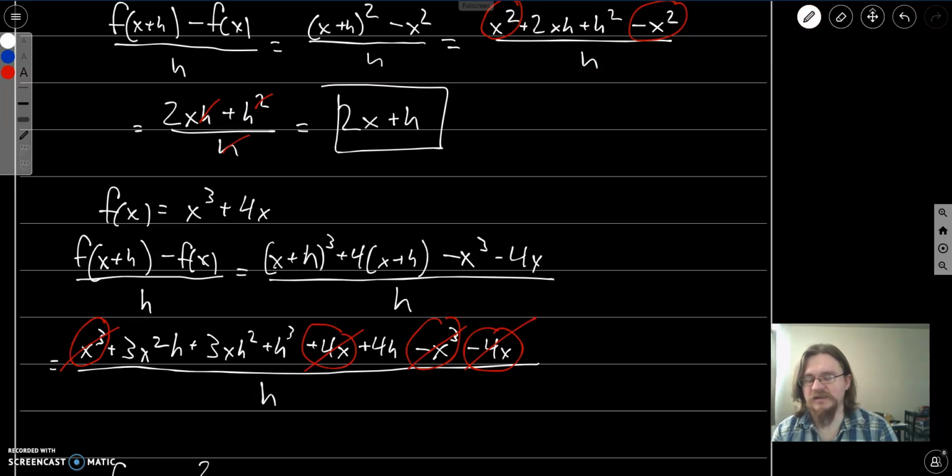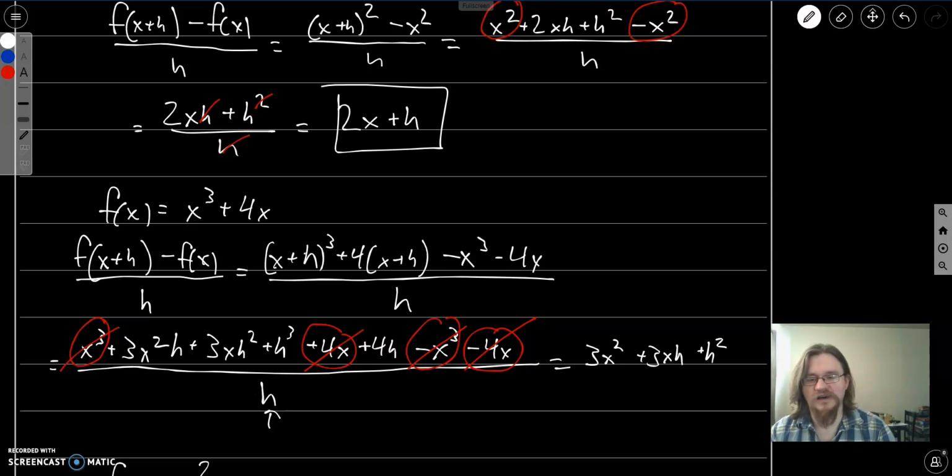And in one fell swoop, I'm dividing everything by h, right? So I have 3x squared h. That's just going to be 3x squared. I have 3xh squared divided by h, which is going to be 3xh. I've also got an h cubed divided by h. Well, that's going to be h squared.